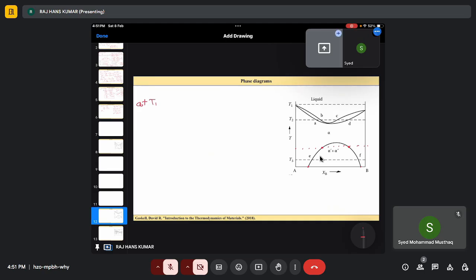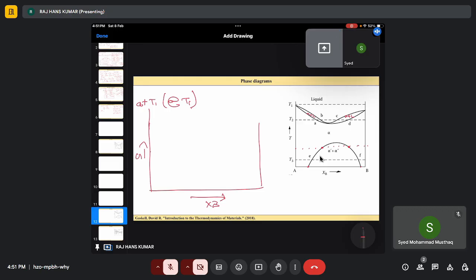Now, let me draw G versus X because it's easy to understand. Now, what I'm going to do is draw G versus X at T1, right? So, this is my alpha, then this will be alpha plus liquid, and this is also alpha plus liquid, right? So, at T1, liquid is more stable.